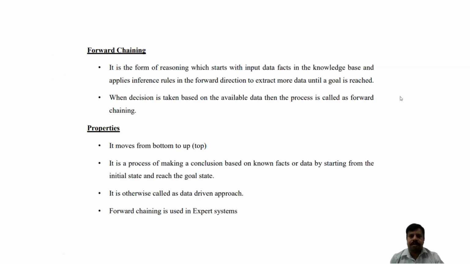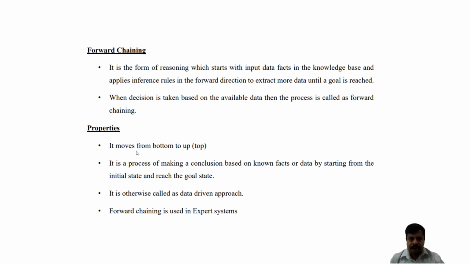So what is forward chaining? Forward chaining is a form of reasoning which starts with input data facts in the knowledge base and applies inference rules in the forward direction to extract more data until a goal is reached. When a decision is taken based on the available data, the process is called forward chaining.